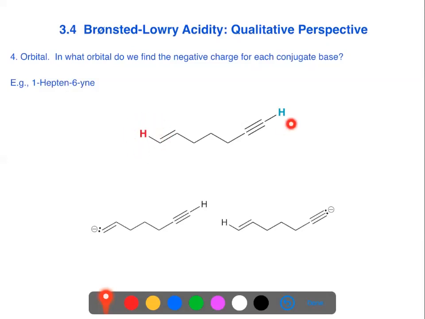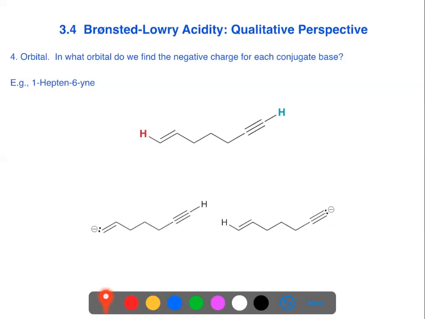And so we're going to look at, somewhat independently, what would the relative stability of each conjugate base be if in one example we were to lose this particular hydrogen atom as a proton to give us this particular anion, versus if we were to lose this particular hydrogen as a proton to give us this anion.